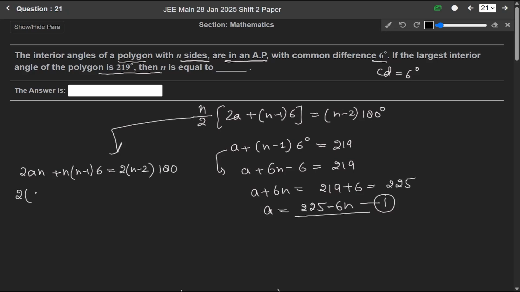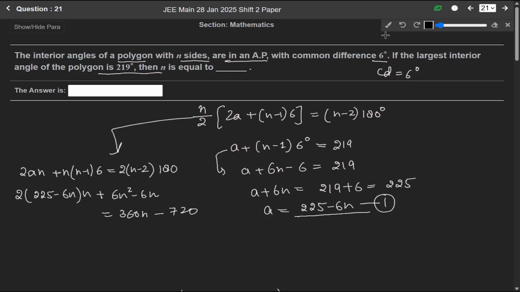So (225 minus 6n) into n plus this will be 6n square minus 6n. It will be 180 into 2n, which means 360n, minus 180 into 4, so it will be 720.